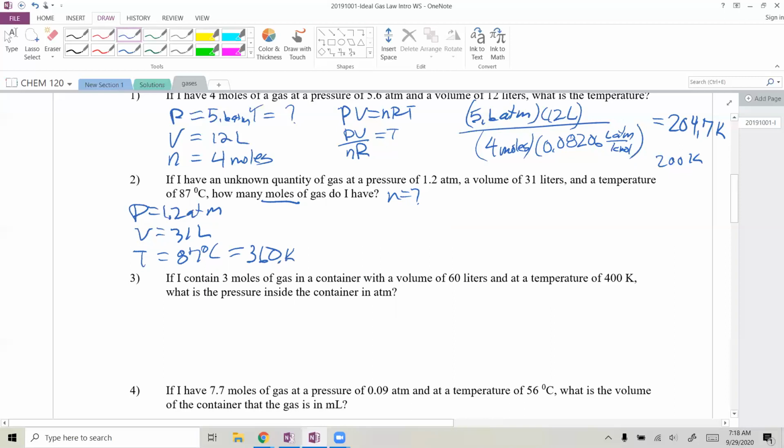And now we should set up our equation. People will start to jump ahead, and they'll just write down their equation as they start to plug it in. But I always recommend starting off with PV equals nRT and rearranging that. So we're looking for n this time, so we should get PV over RT equals n. Just because you never know when you might make a mistake, especially if it's a slightly more stressful situation like an exam.